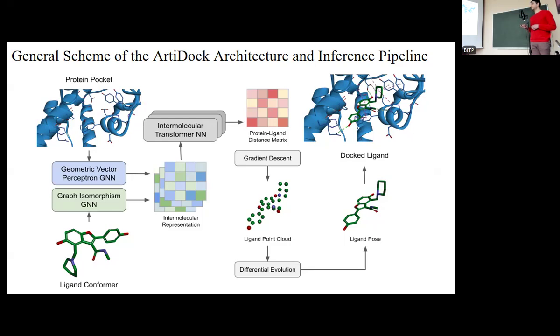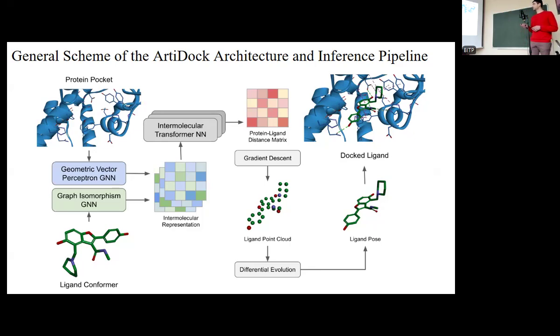And this intermolecular representation is subsequently passed through an intermolecular transformer neural network. We call it a transformer because of its similarity to well-known today large language models that also use transformer architecture under the hood.